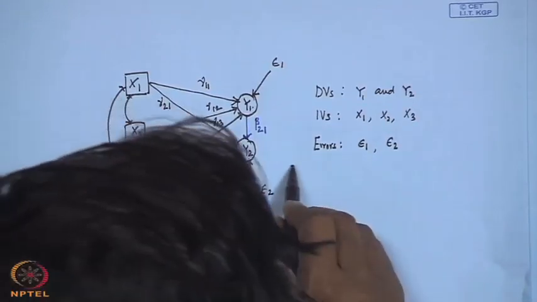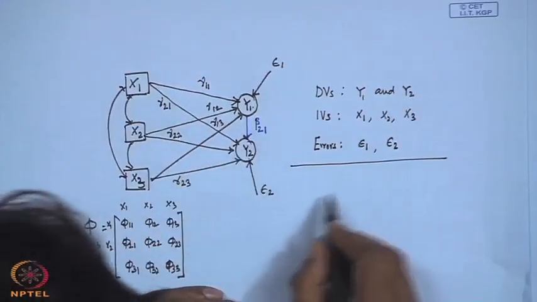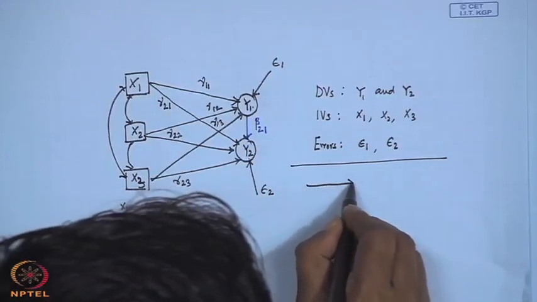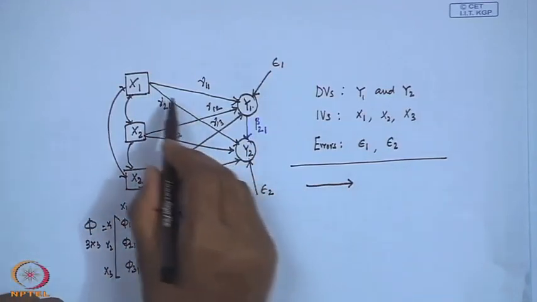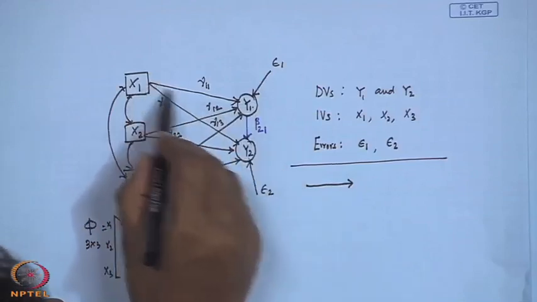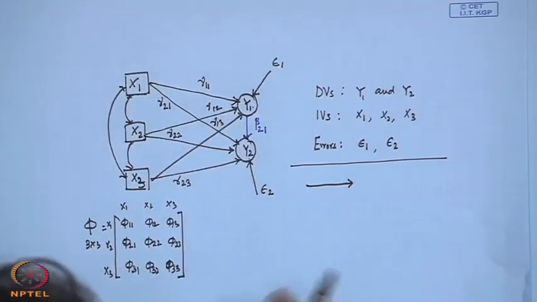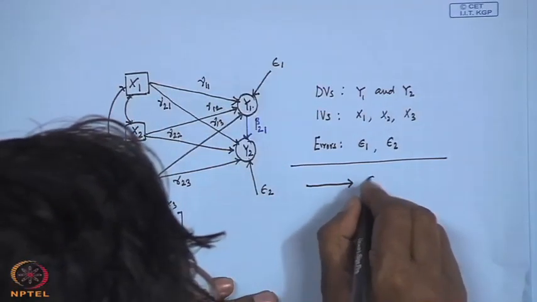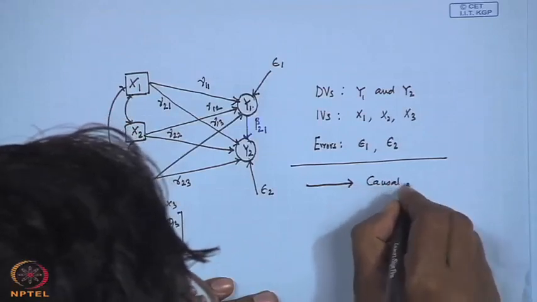Then what type of relationships are available here? One relationship is like this. If you see x1 to y1, this single arrow is known as a causal relationship.